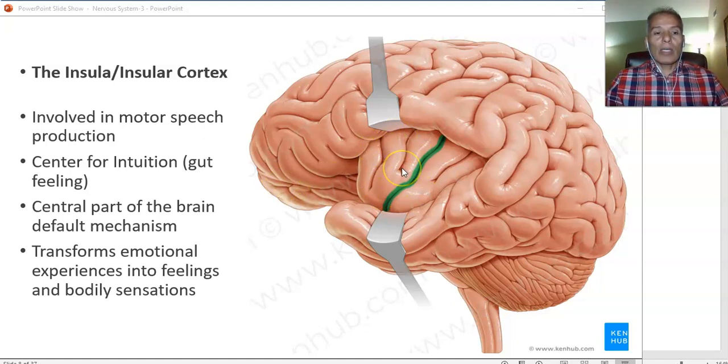This area, the insula, is your center. It is called the brain default mechanism. The brain default mechanism. They described it in 1997.